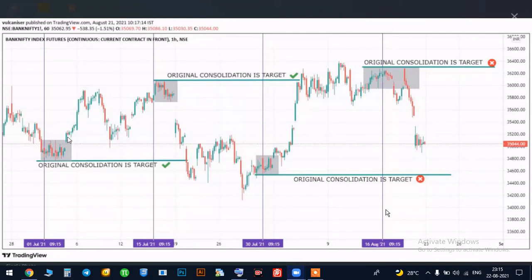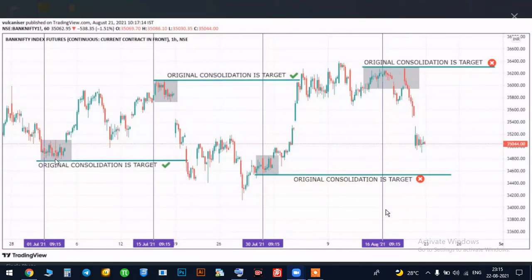Suppose you are here and you see the consolidation. Consolidation means big players are making positions and you mark the low for the stop run. And it happened on a particular date. This is important because it happened around 1 July.